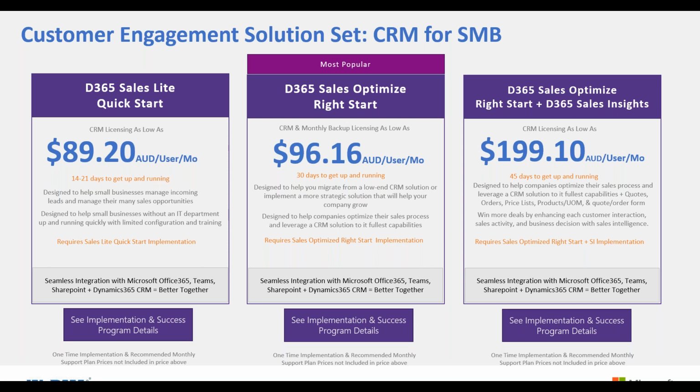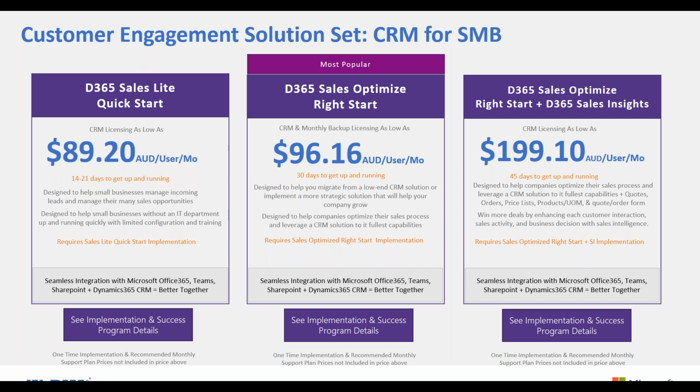This is for those end customers who do not have an IT department and require a very simple CRM solution without much customization, and the implementation can be done fairly quickly, along with the configuration, implementation, and training. So this is for you. It's $89.20 per user per month under the Quick Start.